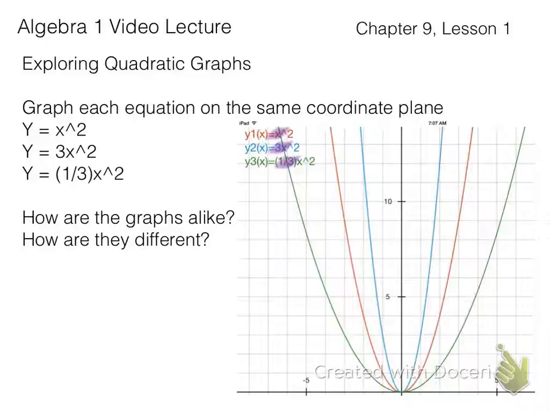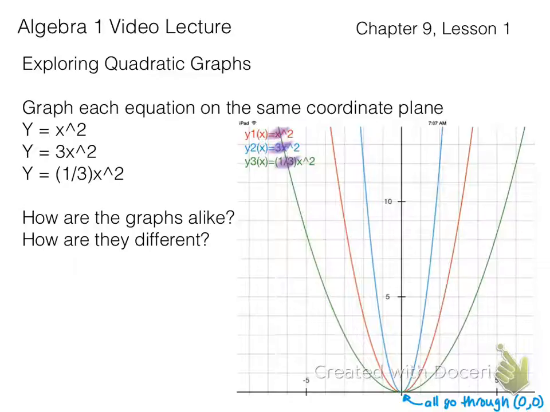So that's going to lead us to some principles about quadratic graphs, all right? Some things that all the graphs have alike is that they all go through 0, 0. All of them have what we call a vertex of 0, 0, and the vertex is where the parabola, which is actually what a quadratic graph is called because it's U-shaped, makes the U-turn.